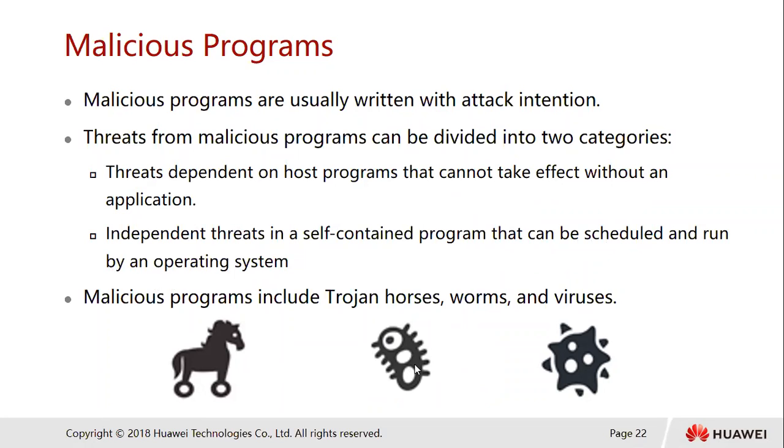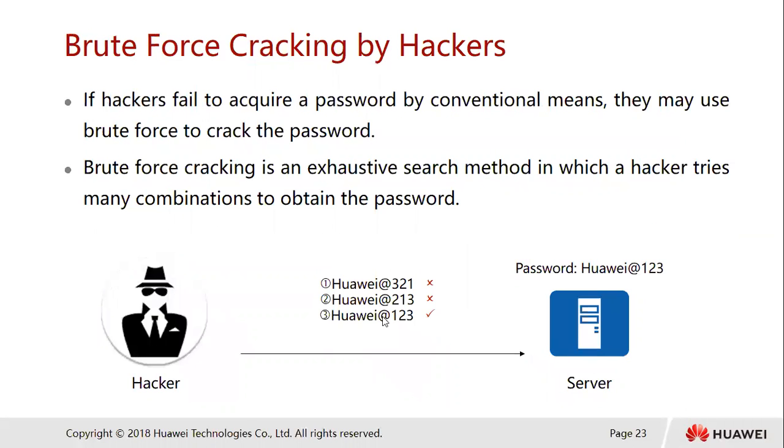These are examples of malicious programs, or what we call malware. So you have the Trojan horse, the worm, and the viruses. It is very, very important that you differentiate these. We are going to look at how to differentiate them in this same lecture.